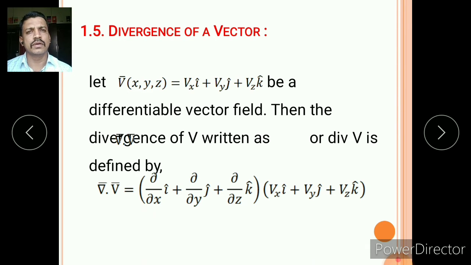Let a vector v(x,y,z), we can express this vector v in its rectangular components, that is in the form of vx, vy and vz, that is v equal to vx i plus vy j plus vz k, be a differentiable vector field.